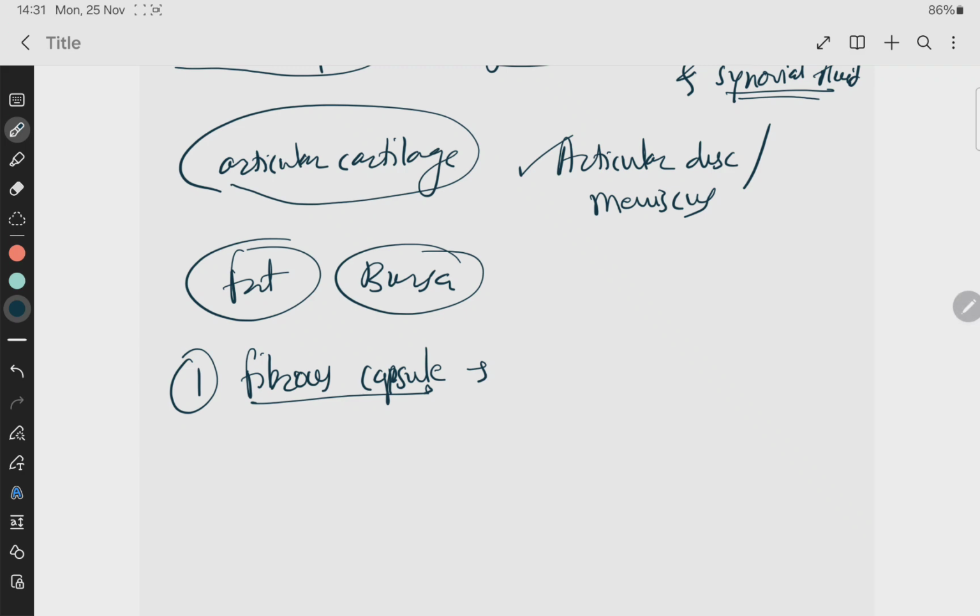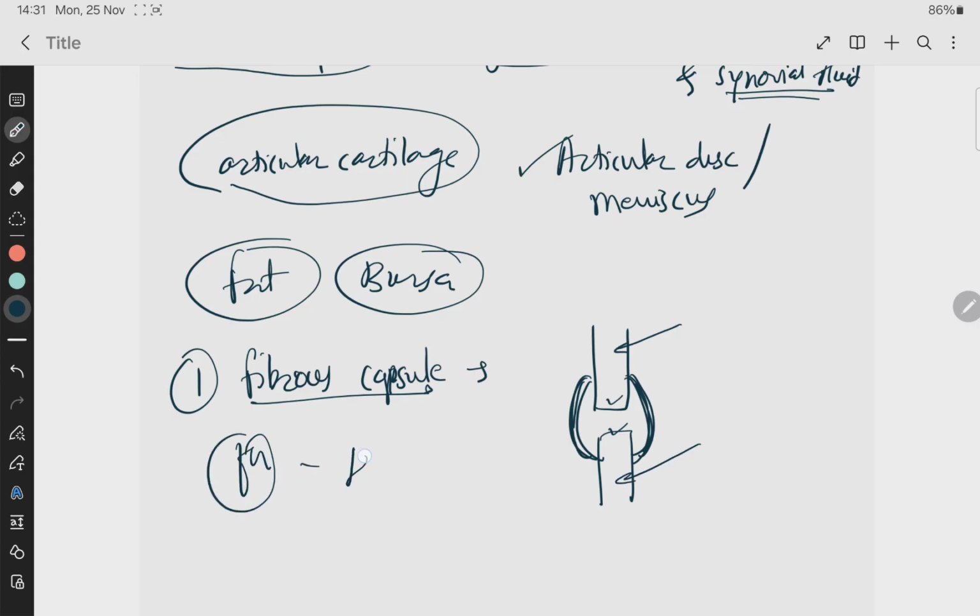So these two bones are held together by a white fibrous tissue, and that is called as the fibrous capsule that encircles the articulating ends of these two bones, okay.